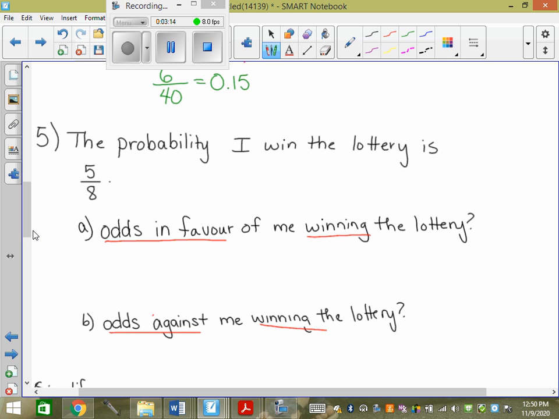Okay, this one's amazing. The probability I win the lottery is 5 out of 8. Wouldn't it be beautiful? I'd even give you guys something. Yeah, like a pet. Maybe a fish, each of you. If I win the lottery, you can each get a fish. I can splurge. It'll be a beta fish, but you know, still a fish. It's not less of a fish than a goldfish.